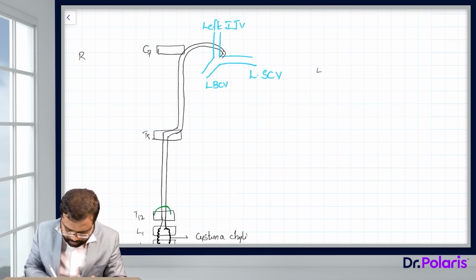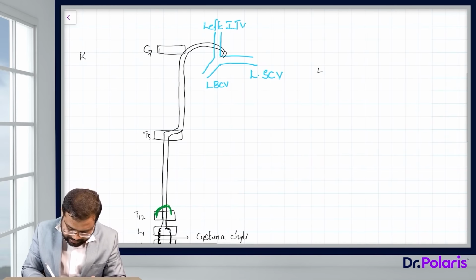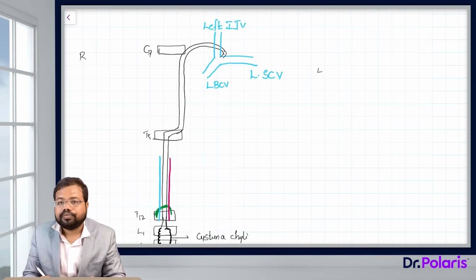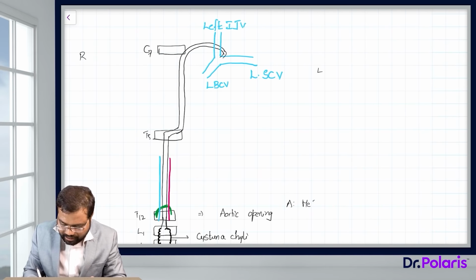Median arcuate ligament on the anterior side, and towards the right side there is a vein running called the azygous vein, and towards the left side an artery is descending, that is called the descending aorta. So at this level, at the level of the aortic opening, what are the boundaries? We have anteriorly the median arcuate ligament.